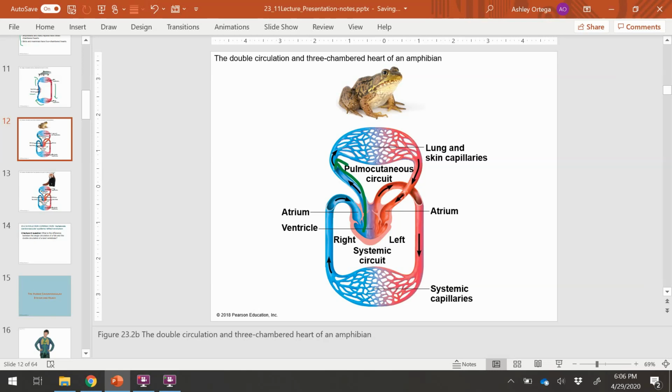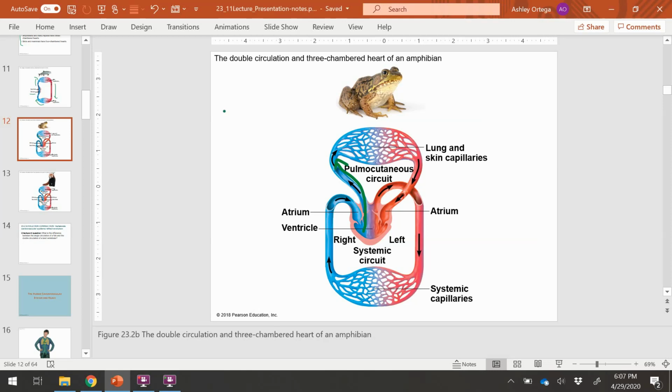So remember hopefully from your dissections that skin is also a respiratory surface for amphibians. And so from there it will exchange the gases of oxygen, carbon dioxide. And so because it's both lungs and skin, they call it pulmocutaneous.